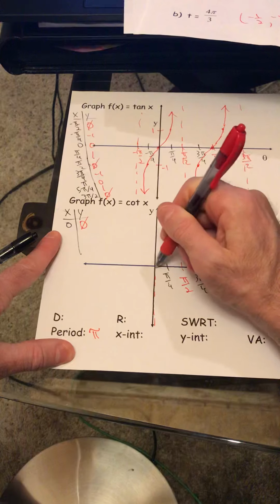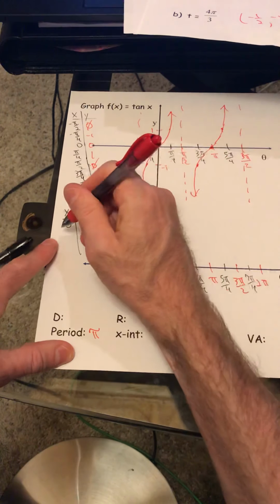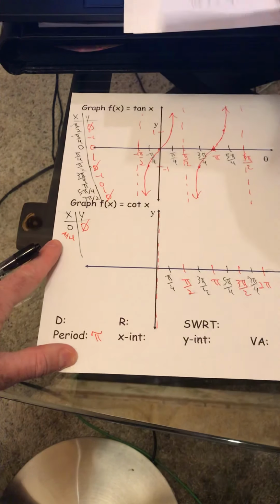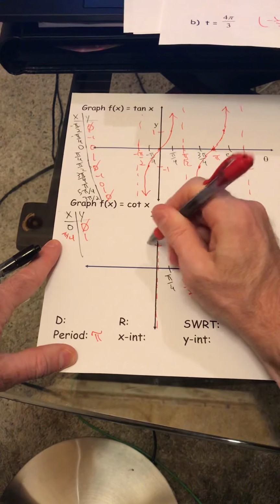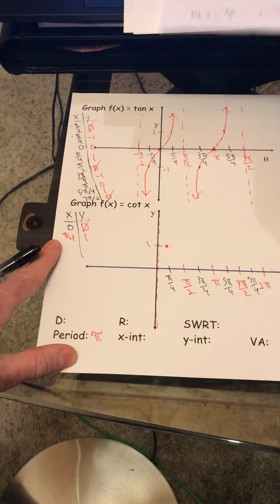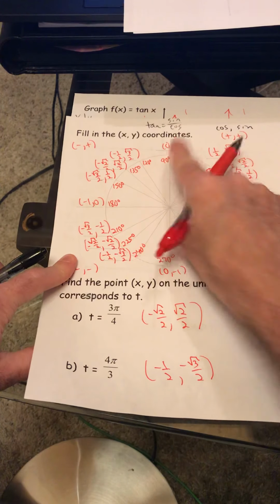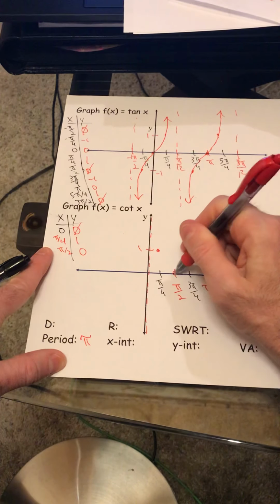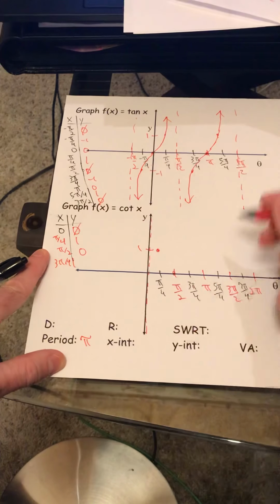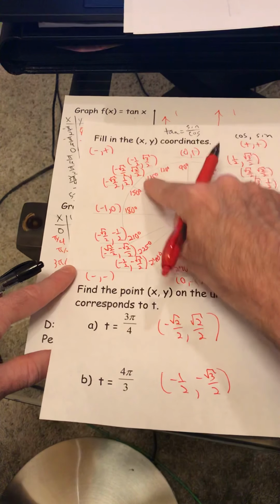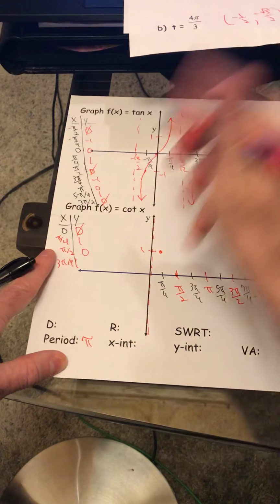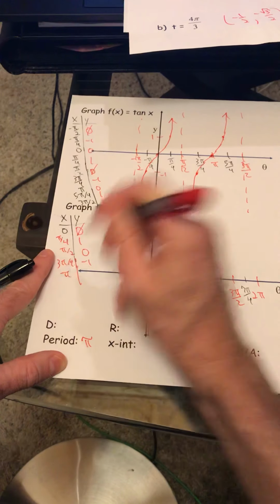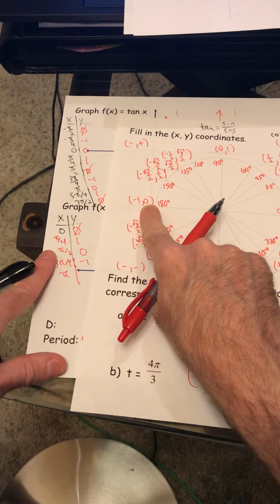So again, we'll just try to sketch that as best we can right next to it. Pi over 4, x over y is 1. Pi over 2, x over y is 0. Three pi over 4, x over y is negative 1. And then at pi, x over y gives us an undefined asymptote.